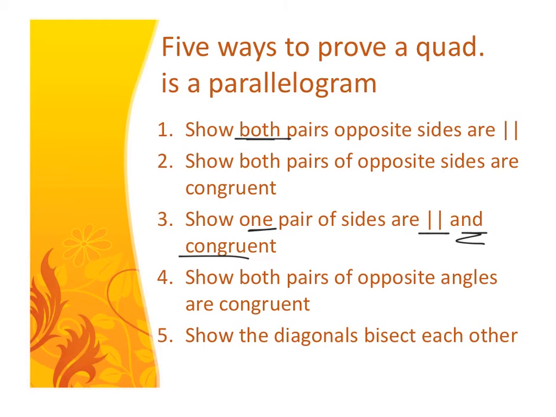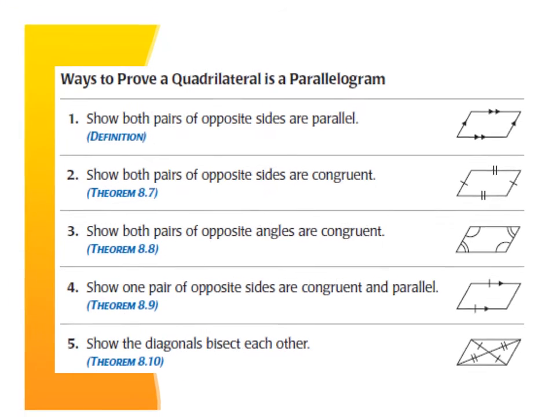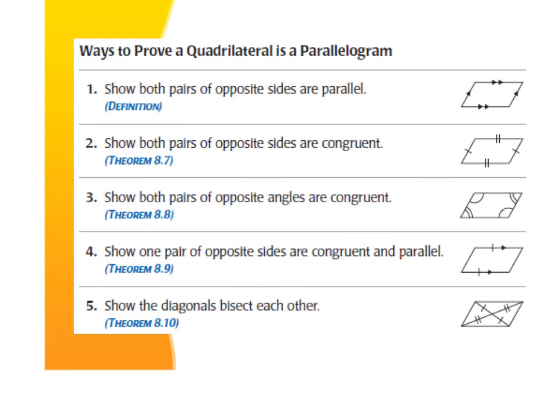Next slide is the same thing, but we're going to have pictures. Next slide. Here it is, the same exact ways, except for now we've got some pictures. So this is what you're going to use when you write out your proofs. Again, we're not going to say theorem 8.7, 8.8, 8.9.